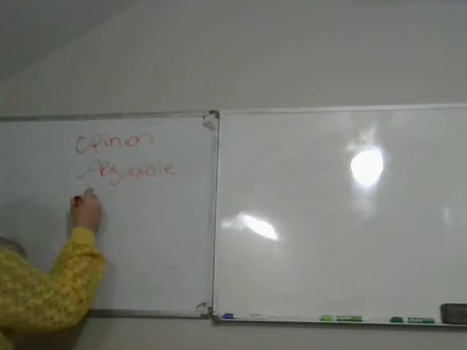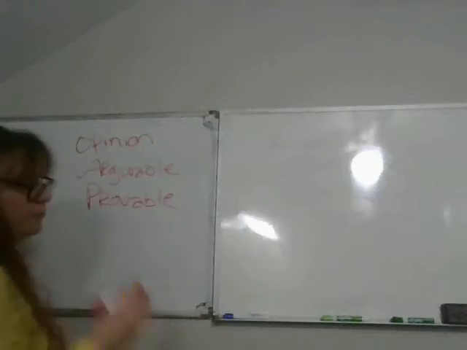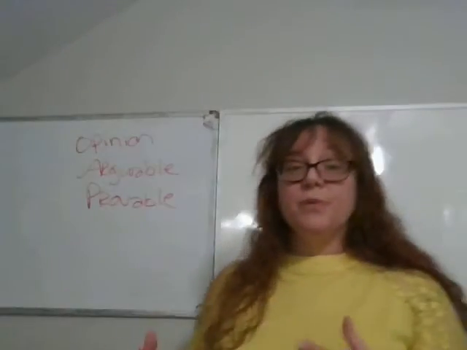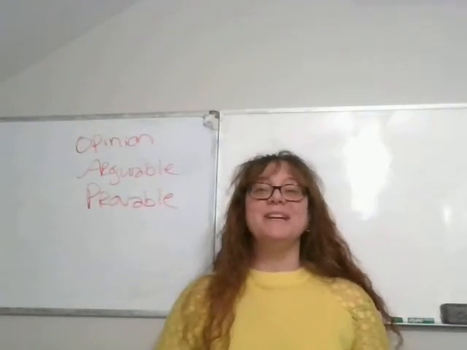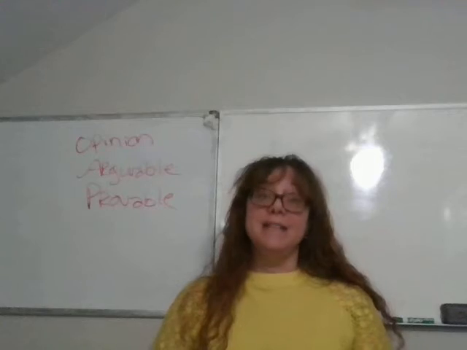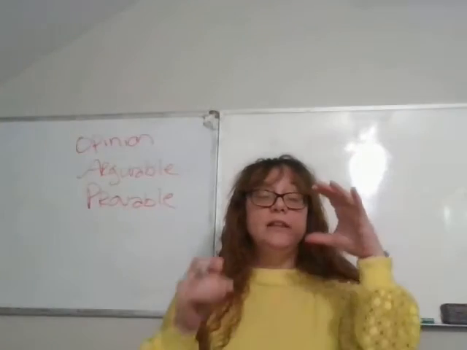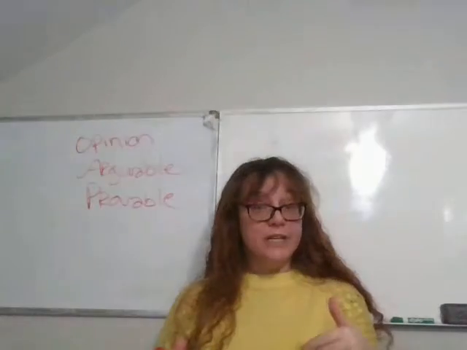All right, number three, we need to make sure that it is provable. Now, a lot of people will say debatable, like there's a lot of different ways to write this out, but provable is that it can be backed up. So in this paper, right, you don't have to have outside research.